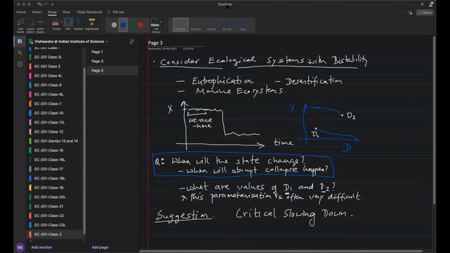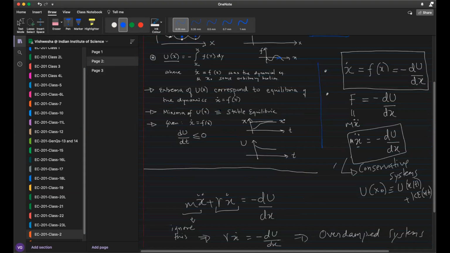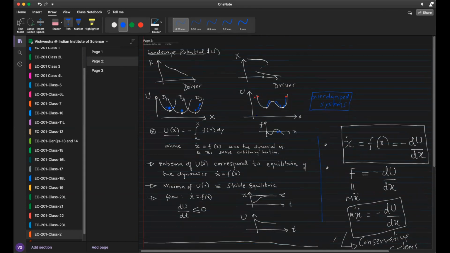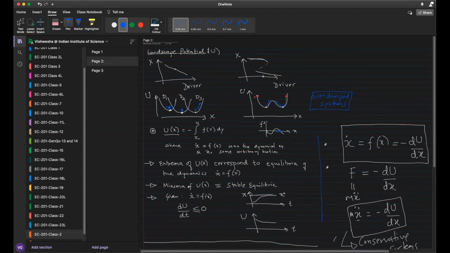Okay, so let's try to understand this. Let's try to address this question: when will this state change? To understand this question, we have to go back. We can actually use this idea of potentials.